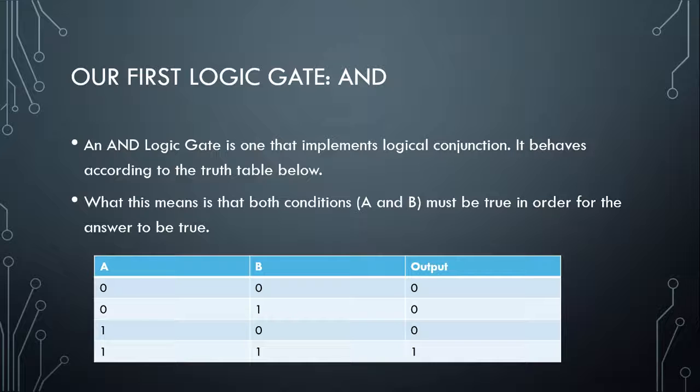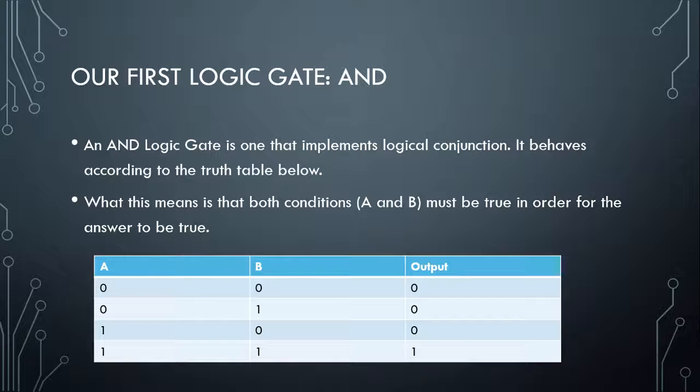Then I should set my output to be 0. If I have a state A set to 0 and a state B set to 1, then that output will also be 0. If I have a state A set to 1 and B is set to 0, then my output will be set to 0. Similarly, if I have A set to 1 and B set to 1, then my output is set to 1.